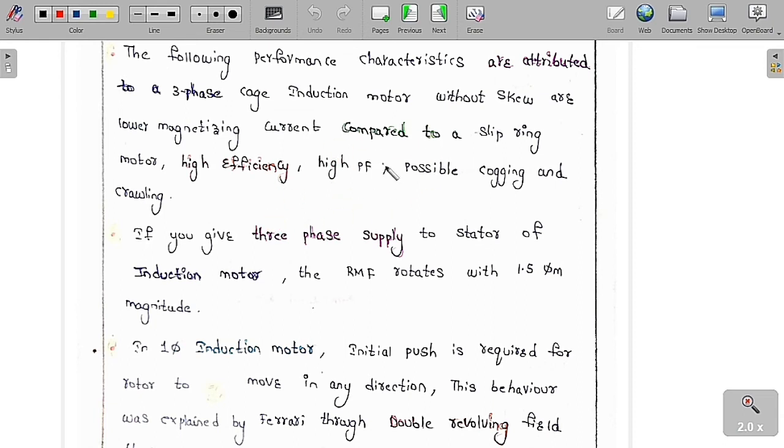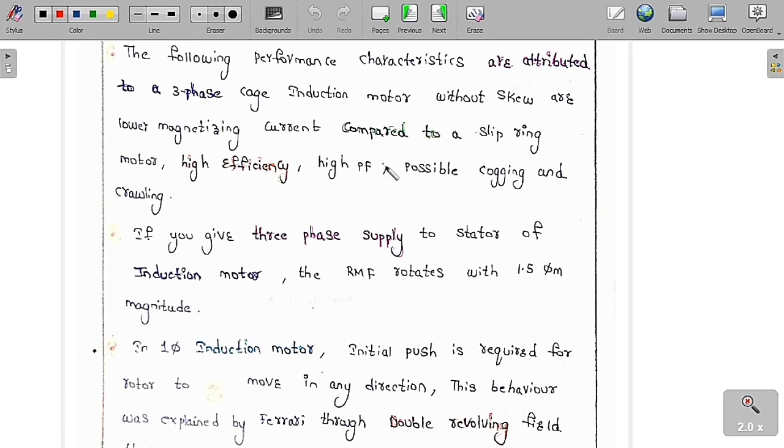So if you are not skewing the rotor slots in a squirrel cage induction motor, then cogging and crawling are going to be present, with higher efficiency, higher power factor, and also lower magnetizing current.